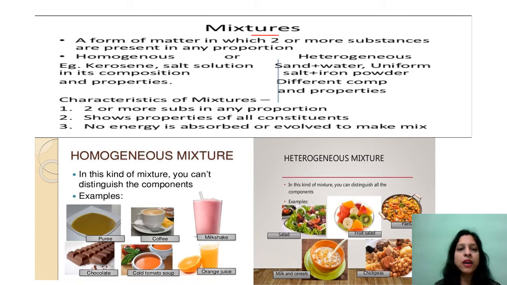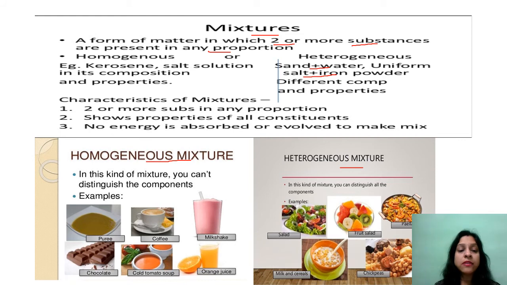So now we are talking about mixtures. What are mixtures? As I said earlier, a mixture is that form of substance which consists of two or more pure substances in any proportion, like kerosene, salt solution, sand and water, and salt and iron powder. Now there are two further types of mixture: the homogeneous mixture and the heterogeneous mixture.